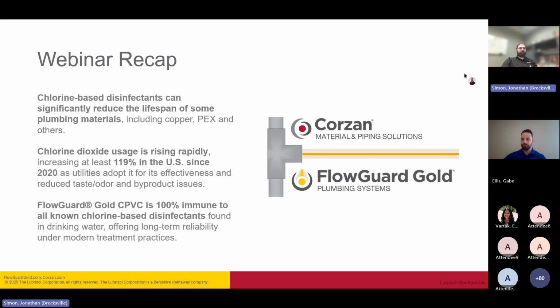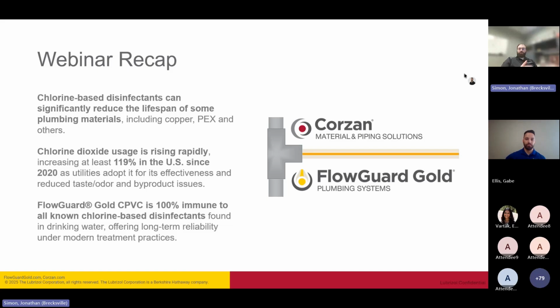With FlowGuard Gold, because it's a tan colored pipe, it's a little bit lighter color. It reacts with the UV slightly differently. We do recommend that you avoid installing it in direct sunlight. If you do need to install it in direct sunlight, paint it with a chemically compatible paint. UV will not impact FlowGuard Gold in the same way that it impacts PEX or other antioxidant stabilized polyolefin products, but it will bake the pipe and can lead to some aging.